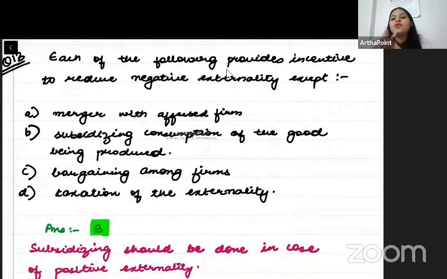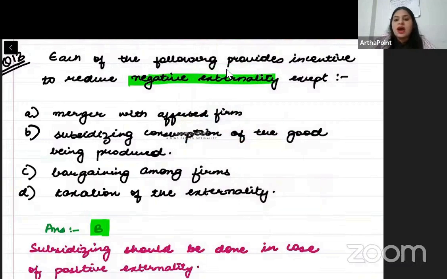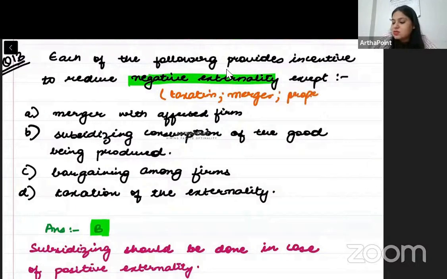It says each of the following provides incentive to reduce negative externality except. So what is the role of negative externality? How do you remove that? Only when you have taxation involved, or merger, or property rights. Isn't it?